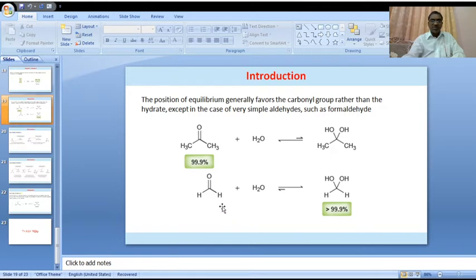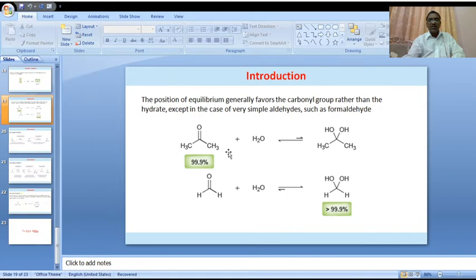because please observe in the structure of formaldehyde, there are no electron donating groups. When we go to the ketone side, acetone is attached with two methyl groups. These two methyl groups have electron donating nature. Is it clear?